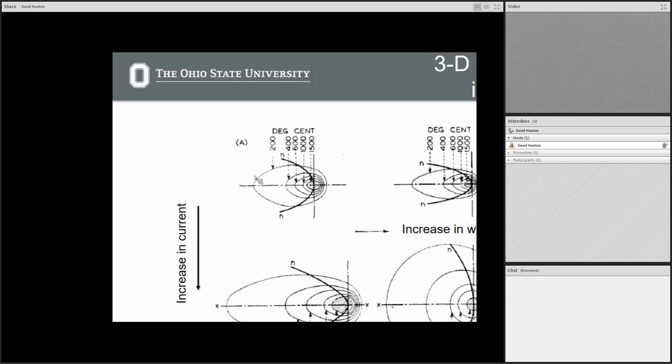This is the case where you increase the current, so you have a hotter source, therefore the higher temperature spreads farther. And this is the case of if you increase the conductivity of the material you're welding, how far will this temperature spread? So these are the basic relationships that this paper started to go through.